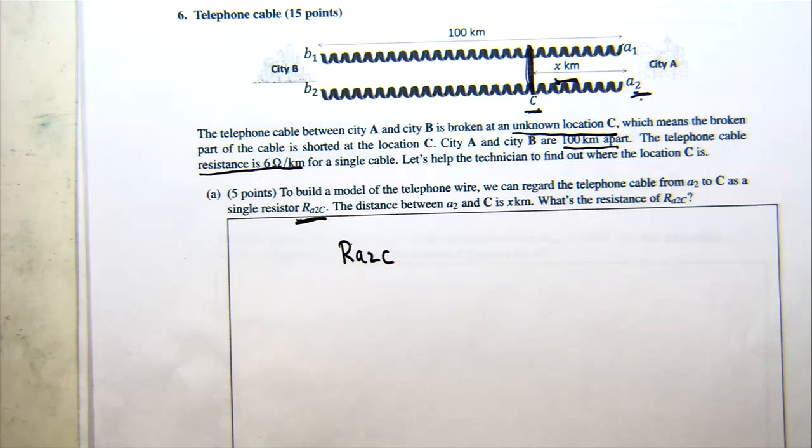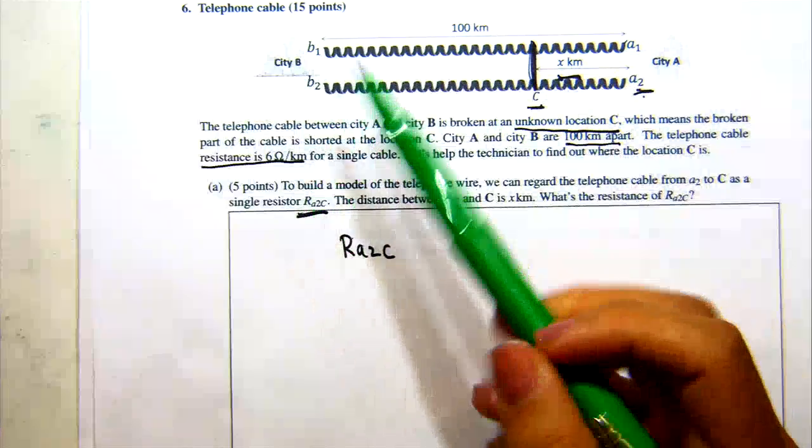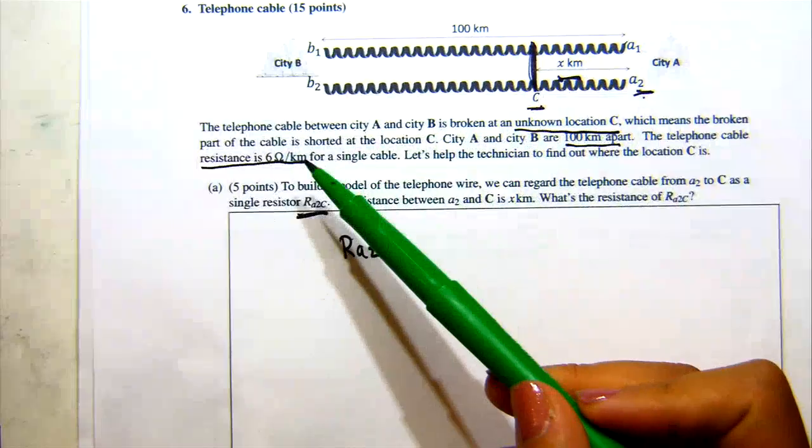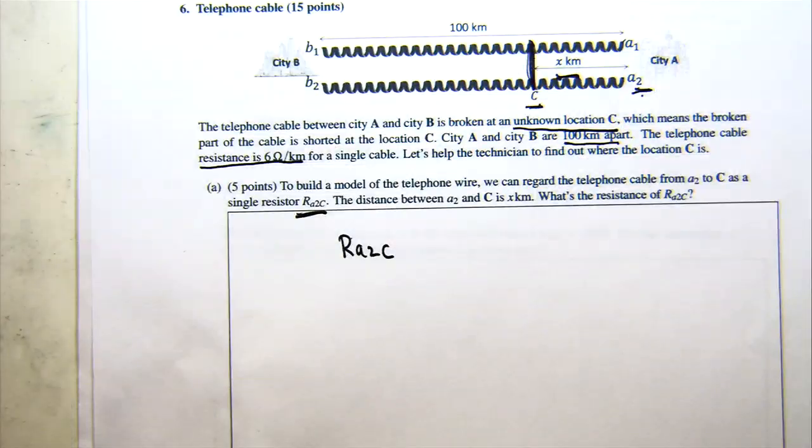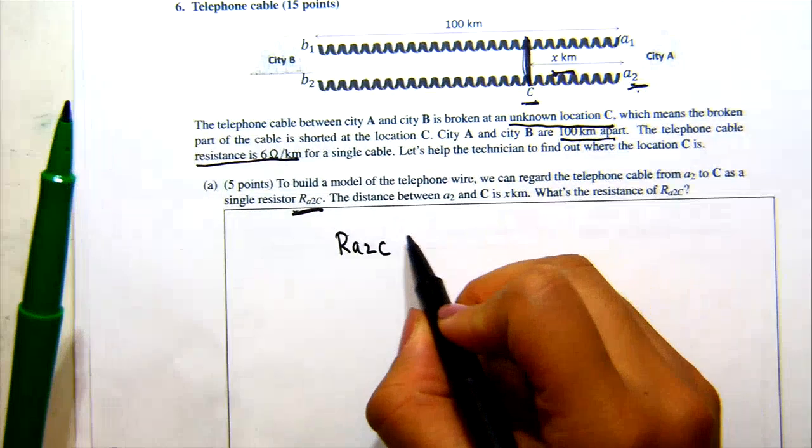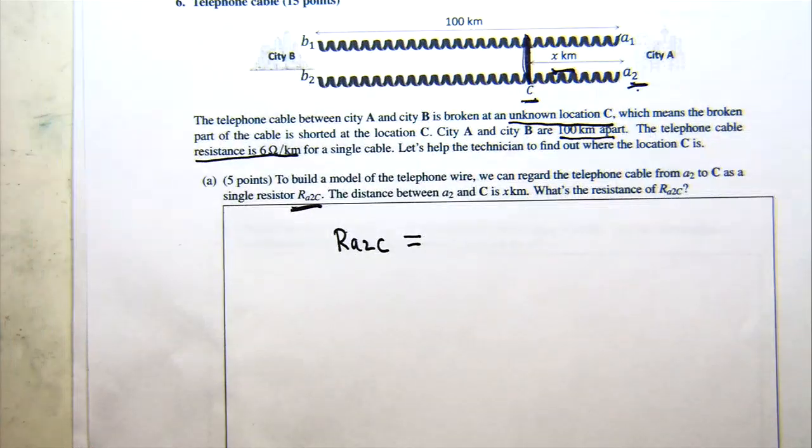First of all, one thing we can notice is that we're given something for the resistance. We know that it's going to be 6 ohms per kilometer, and we know the units for resistance should be ohms. So in order to get ohms at the end, we need to multiply by some sort of distance to convert our ohms per kilometer into the right units.